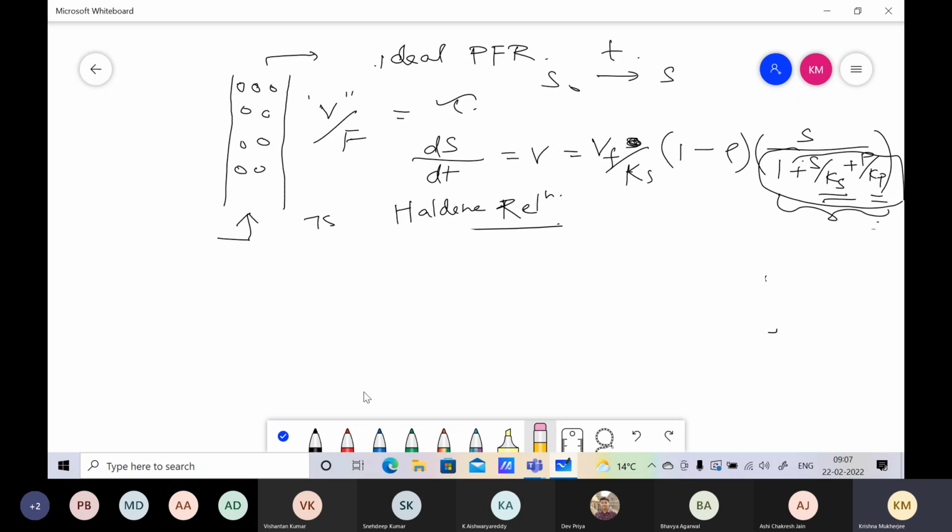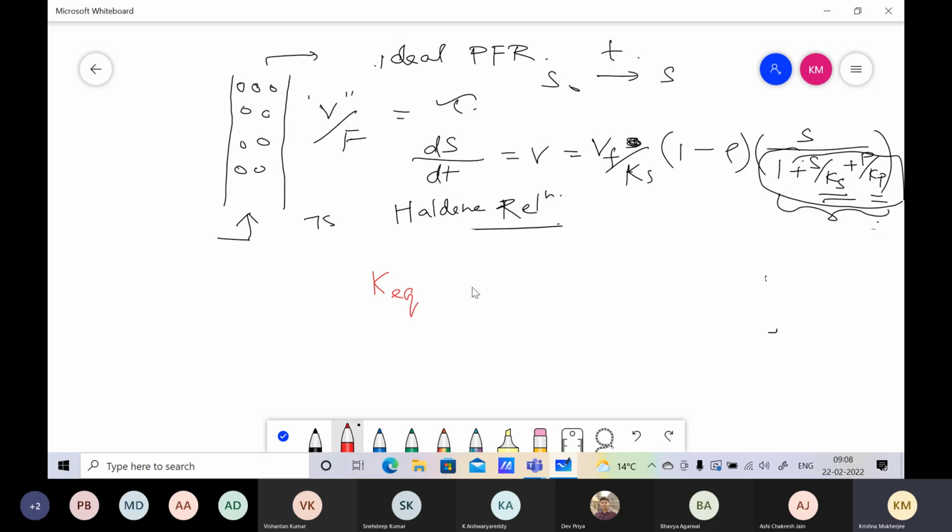I think I made a mistake. Actually, I should have put it the other way around. I should have put it 3 because of Vf. You are right, so I made a mess. Now this problem becomes more irritating because K equilibrium is equal to what? Can you tell me the Haldane relationship?